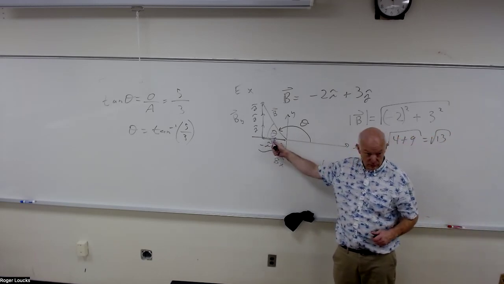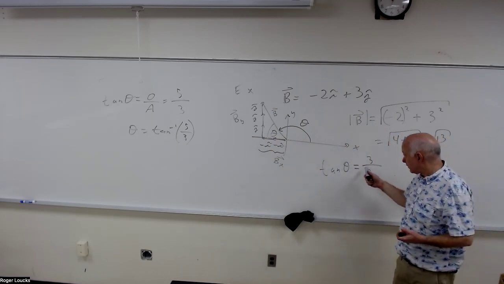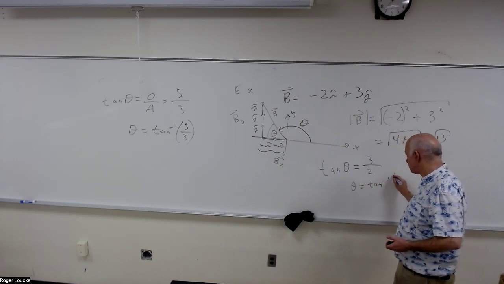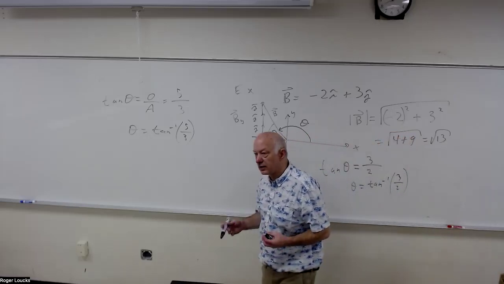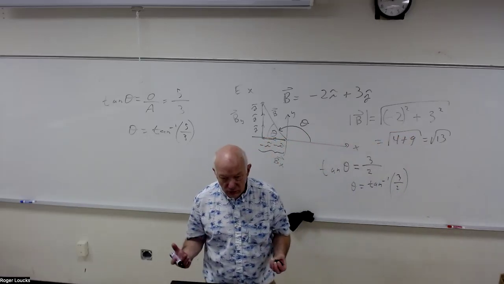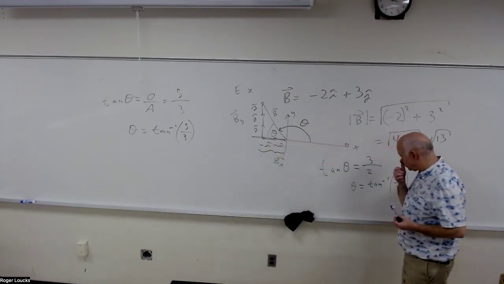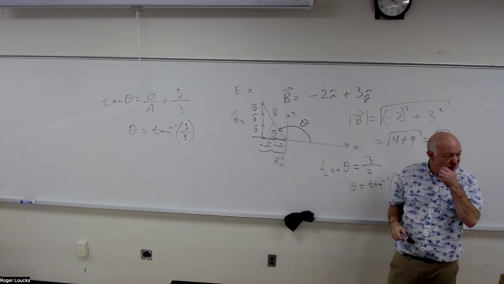I want this angle here, just because I want an angle less than 90 degrees. So I have this, then I take my inverse tangent of it. What's another name for inverse tangent, inverse sine, or inverse cosine? Arctan, arcsine, arccosine. That makes sense?